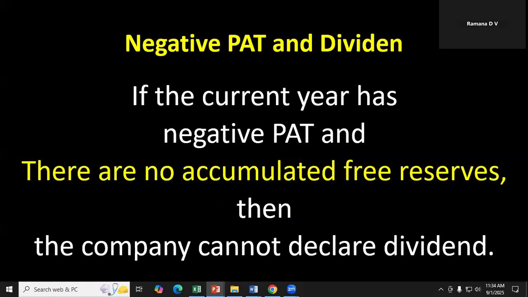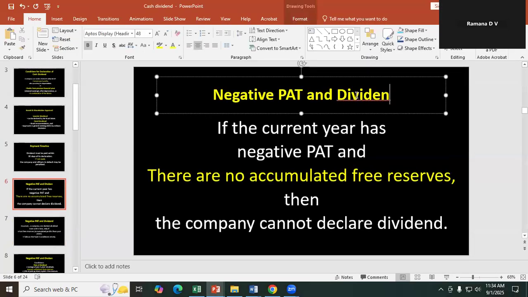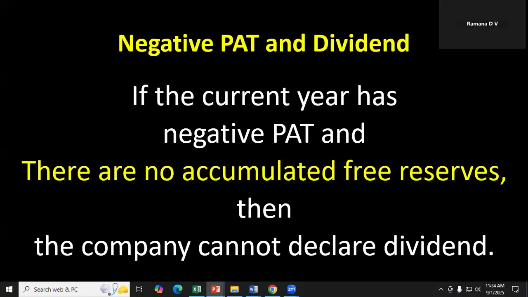It's also important to understand a very basic question that comes to mind. Can a company declare dividend when there is a negative profit or a negative PAT? If the current year's profit is a negative PAT and there are no accumulated free reserves, then the company cannot declare dividend. So if there is a current year negative PAT and also there are no accumulated reserves, or accumulated reserves are negative, then the company cannot give cash dividend.